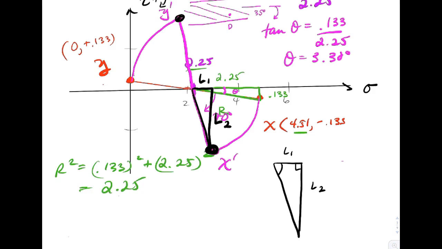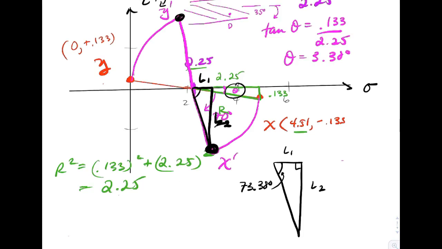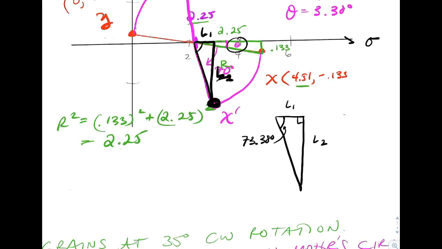And so I know this angle, right? That angle would be the pink theta plus 70 degrees. So that angle is going to be 73.38 degrees sitting right in there. So now the calculation of those is actually going to be quite easy.